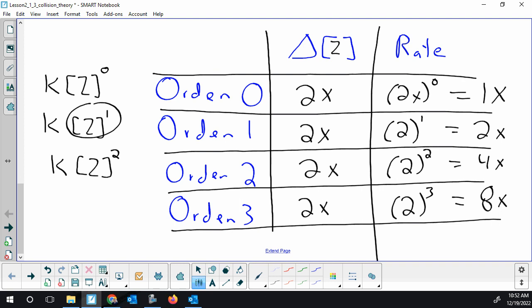Sometimes students will do 2 plus 2 plus 2 instead of 2 times 2 times 2. Okay, and 8 is almost 10 times. So if something is third order and you double the concentration, it almost has an order of magnitude or 10 times effect on the rate, where typically things are first order and then it's a nice linear relationship, double the concentration, double the rate if it was linear.